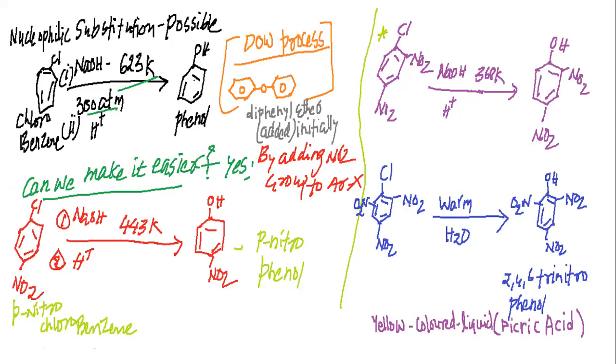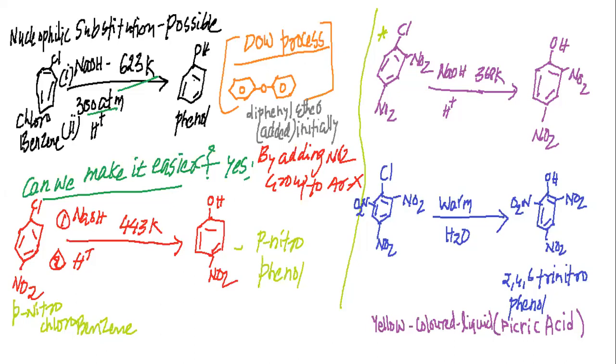So my dear students, we can say that we can make the nucleophilic substitution reaction for chlorobenzene easier by adding the NO2 group to the benzene ring. This NO2 group would be added at the ortho position or para position.